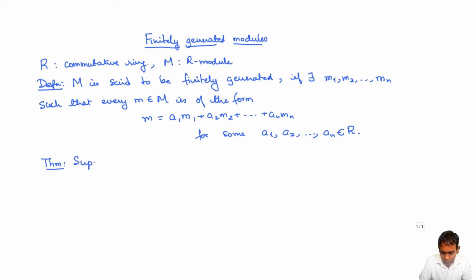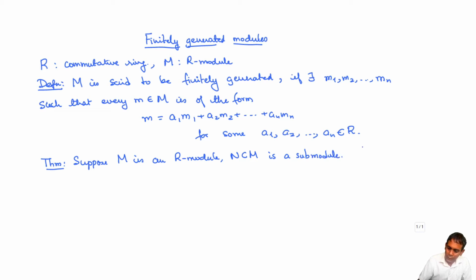Suppose M is an R module, N a submodule of M, and suppose we know that N and M mod N, the quotient module, are finitely generated, then we can conclude that M is also finitely generated.